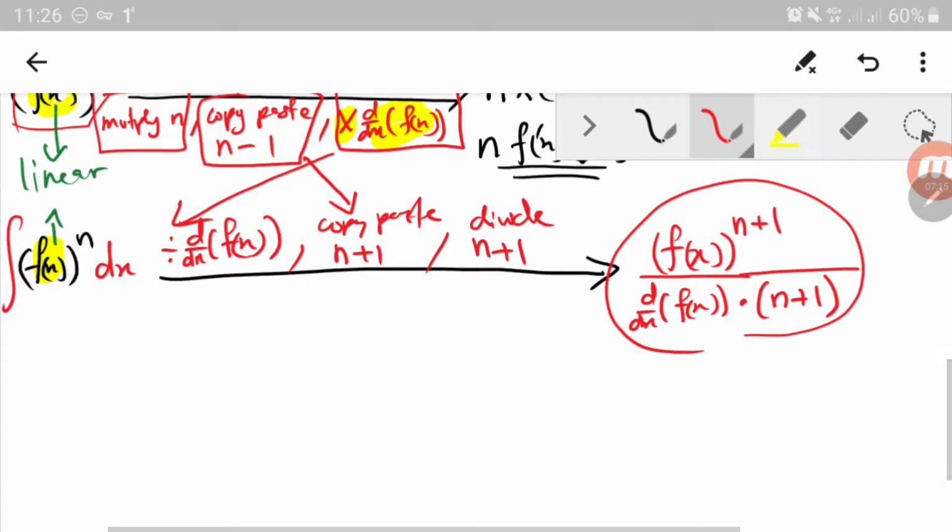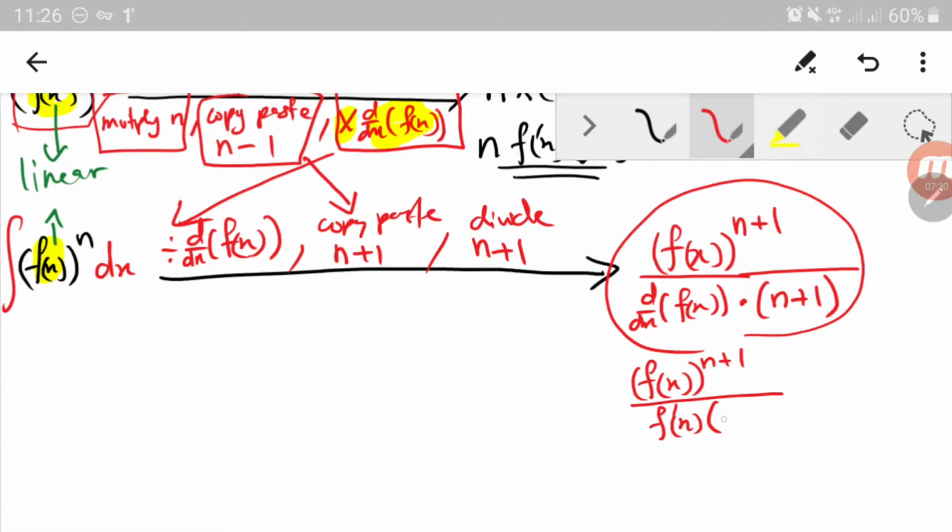And then if we simplify it further, we will get f(x) to the power n plus 1 over f prime x multiplied by n plus 1.